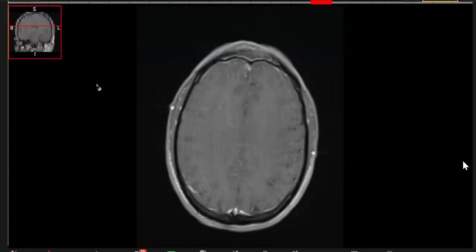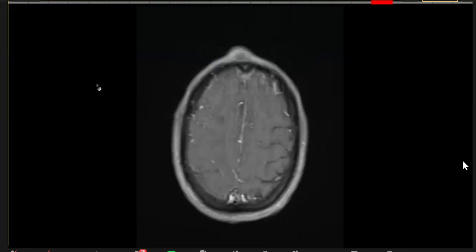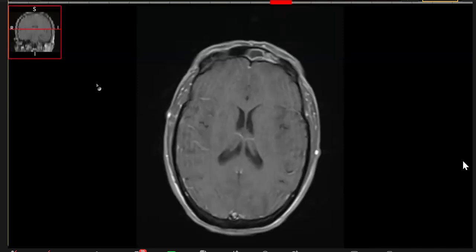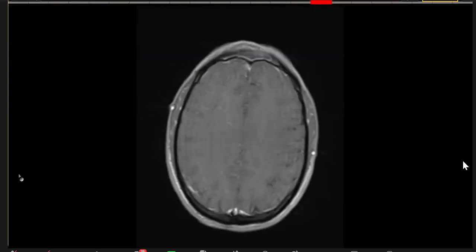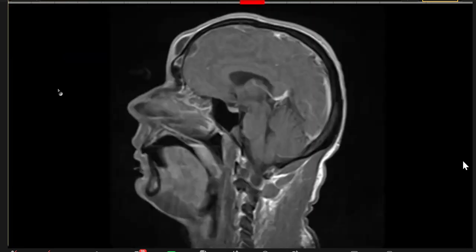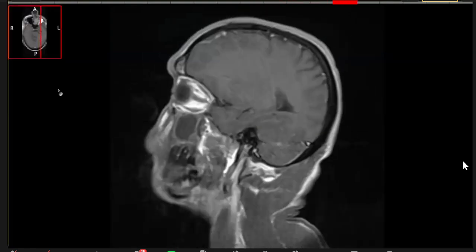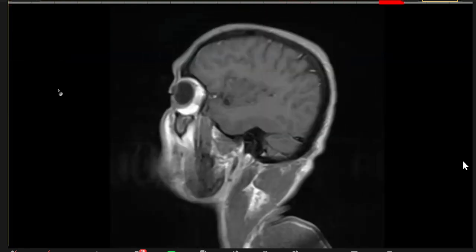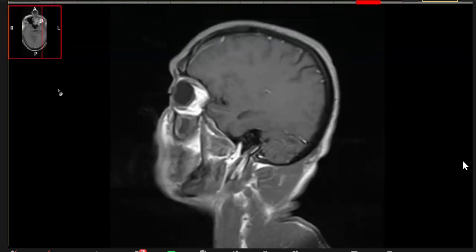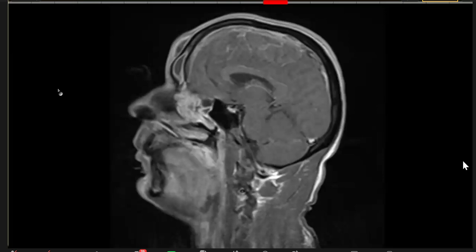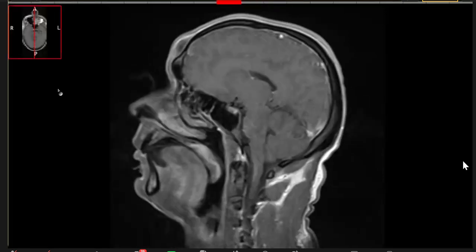Any other sequence you want to see? Can I see the sagittal cuts? Yeah. Okay. Yeah.